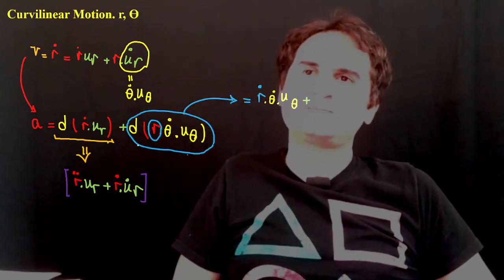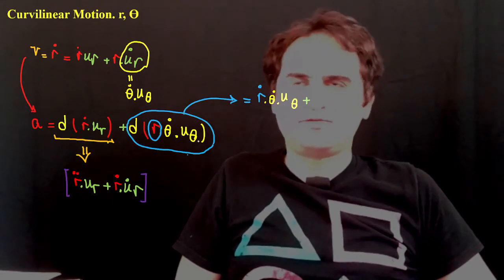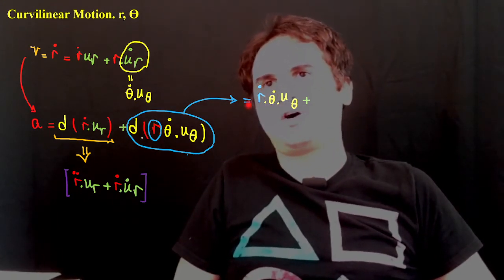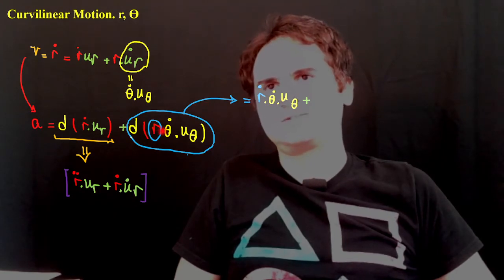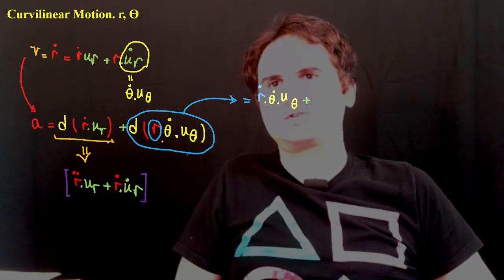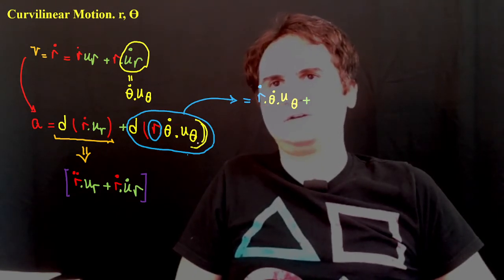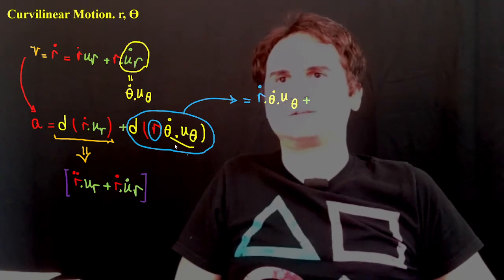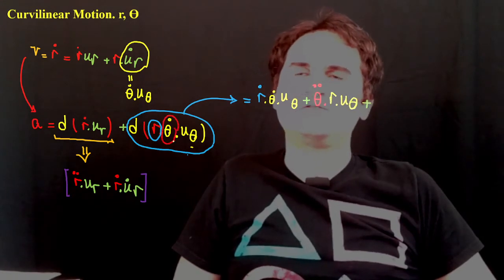And for this part, we do have three components. So let's say for the first part, we just derivate r, and let's not touch the rest. So that's r dot times theta dot times u theta. So we didn't touch these two. We just derivate the first one. Next, we just derivate the second part.